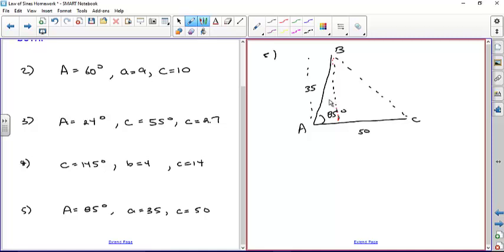I think because this is side, angle, side, I don't think it's an ambiguous case. Yeah. So in this case, it's not an ambiguous case. So I think there's just one solution.